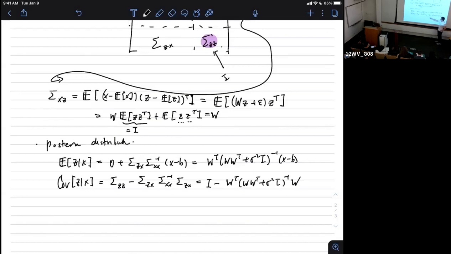And it turned out this covariance is not a function of X. It is in fact just the identity matrix minus the regularized pseudo inverse multiplied by this W. What that means is that in this particular formulation of probabilistic principal component analysis, the covariance matrix over our guess of what Z should have been, that uncertainty, doesn't depend on x and is the same for any x we see.